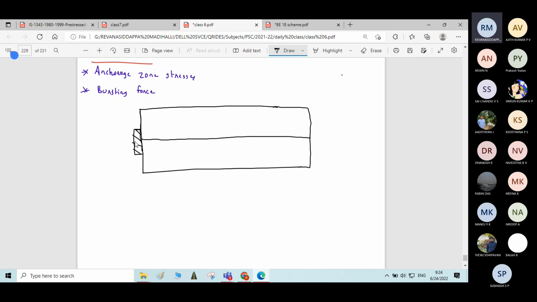The plate is of rectangular section; sometimes a circular sectioned plate will also be provided. This is how we do pre-stressing in post-tensioned concrete elements.